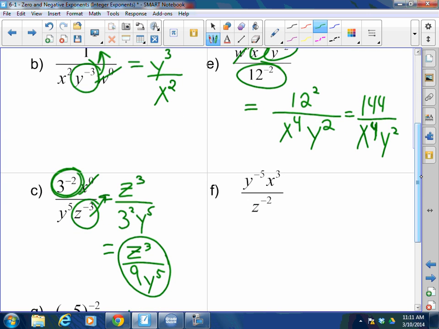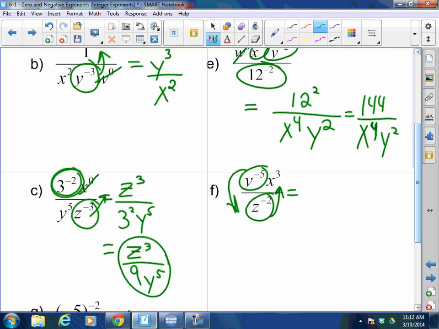How about f? Y to the negative 5, x cubed, over z to the negative 2. What would that simplify to? Yes, sir, my brother. Tell me what you have to do. The y down here and the z. Very good. So what does that look like once we do that?